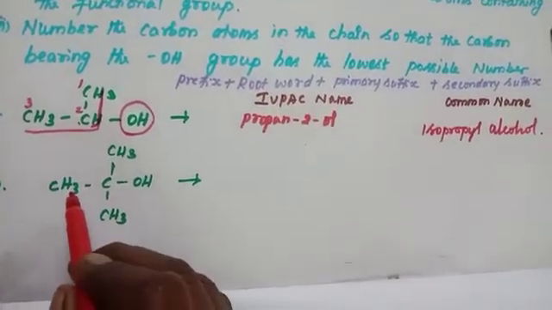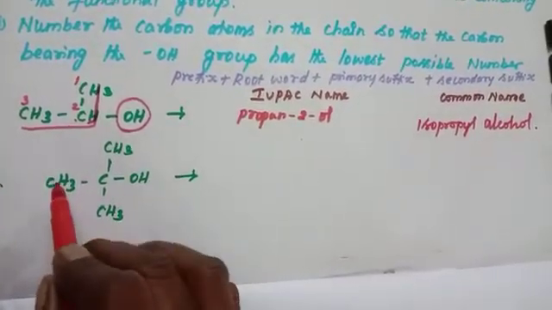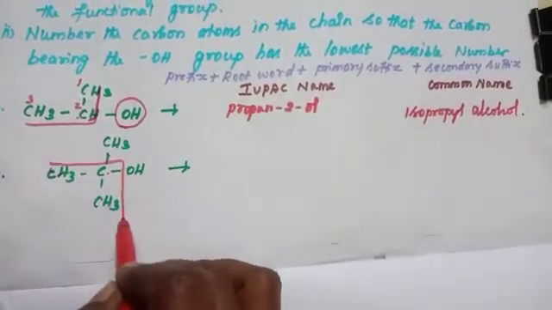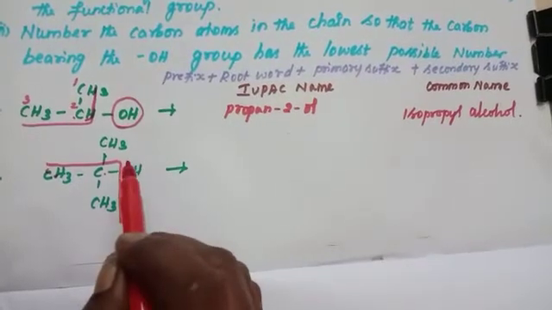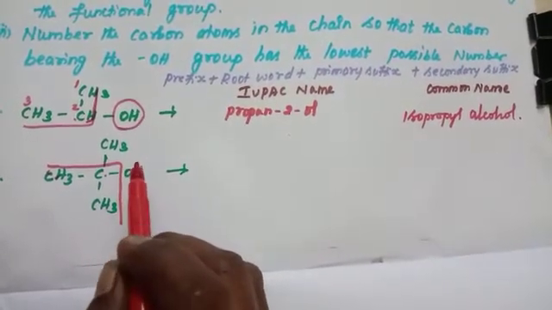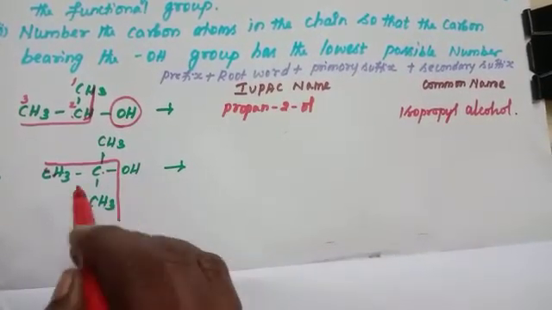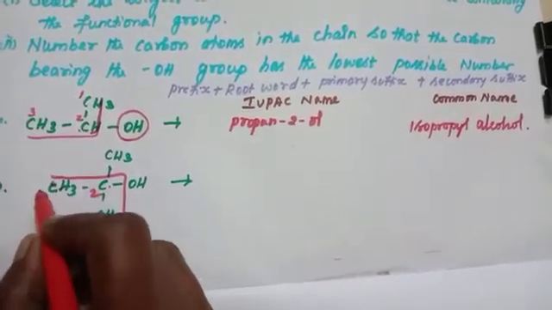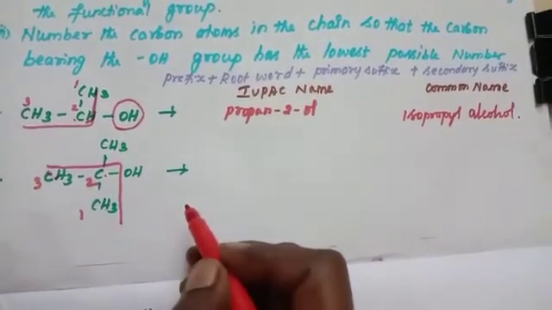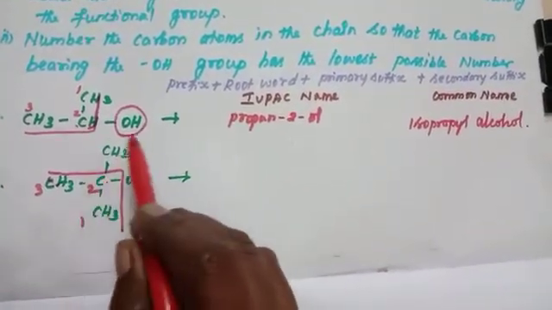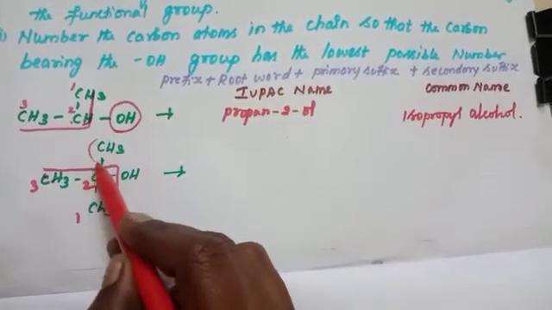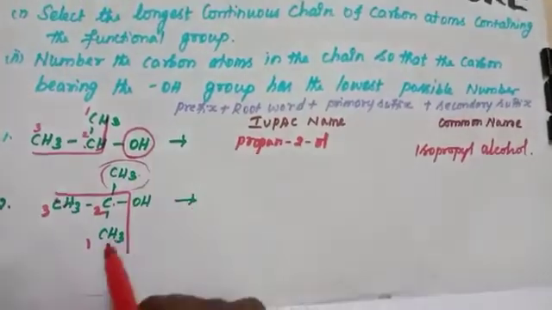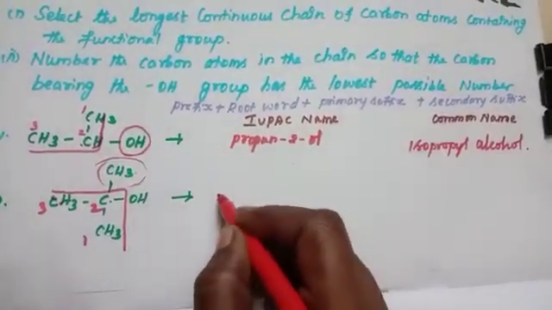And the next compound, here we have to select the longest chain. So 1, 2, 3. Second rule, give the number to the carbon atoms. And if there is any substituent, yes, we have one substituent here. One methyl group is attached to the second carbon atom. So the name of the compound should be written as 2-methyl.